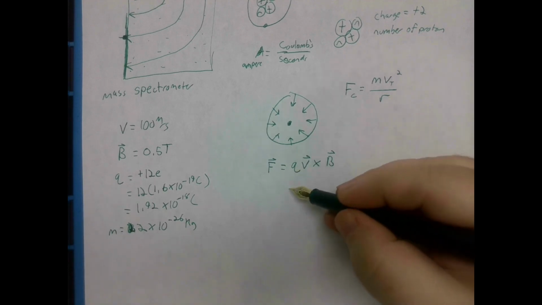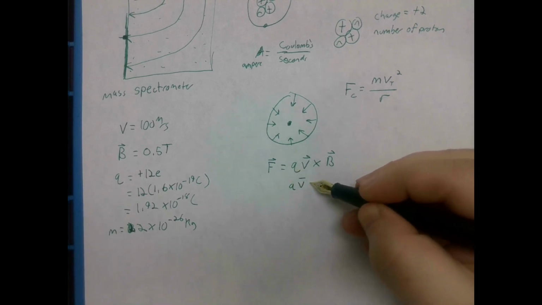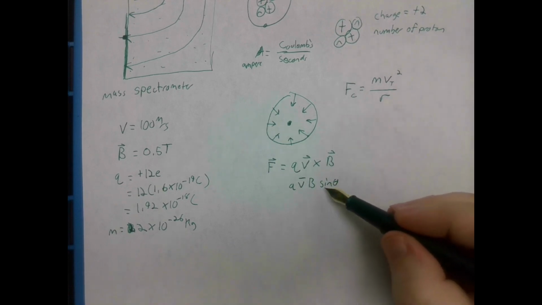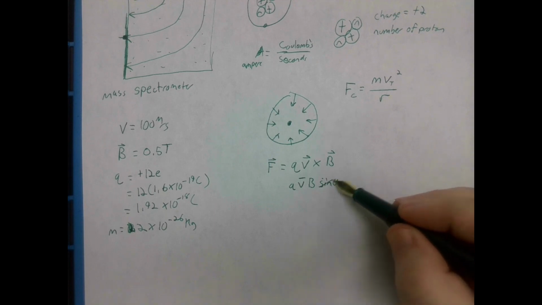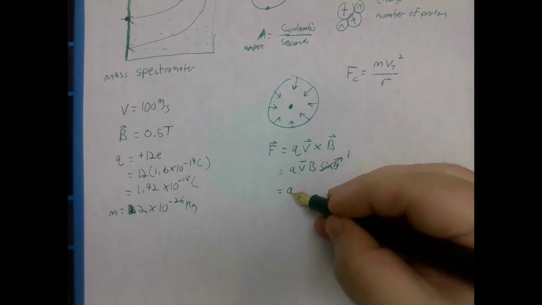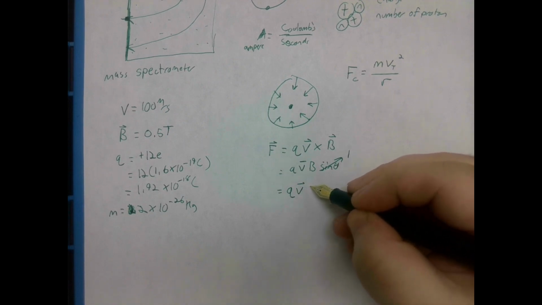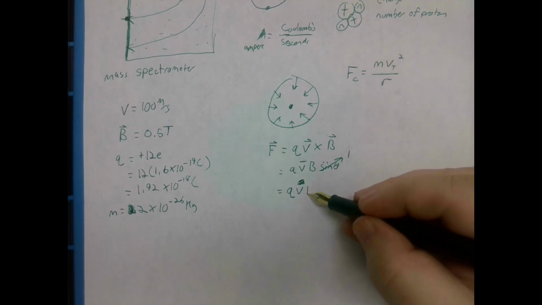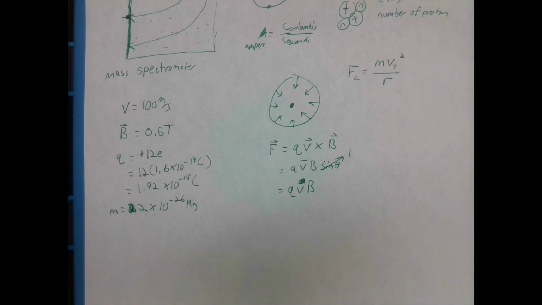So this would be equal to Q times V times B times the sine of theta. But if they're perpendicular, sine of theta is equal to 1. So in this example, it's just Q times velocity, and I'll remove the vector signs, times B. It's Q times V times B.